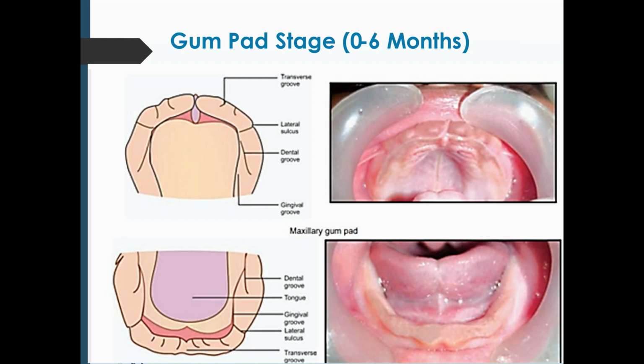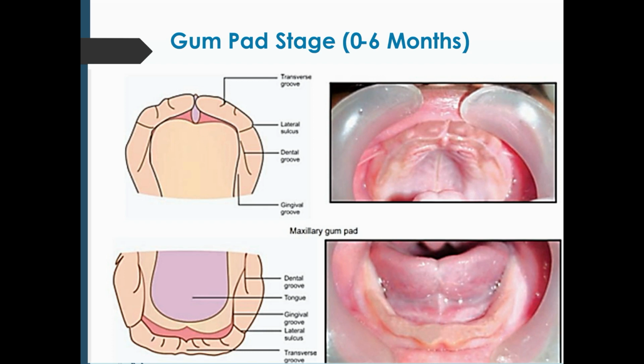The gum pads in both the arches show certain elevations and grooves that outline the portions of various primary teeth which are still developing in the alveolar ridges. These are called transverse grooves. Transverse grooves separate the gum pads into 10 segments.